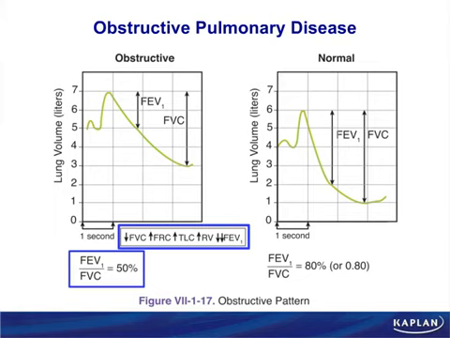Now, let's think about why those volumes go up. As we talked about on a previous slide, airway resistance and lung volume are inversely related. So as lung volume is going down, airway resistance goes up. It goes up in everyone, while an obstructive patient already has elevated resistance on top of that.